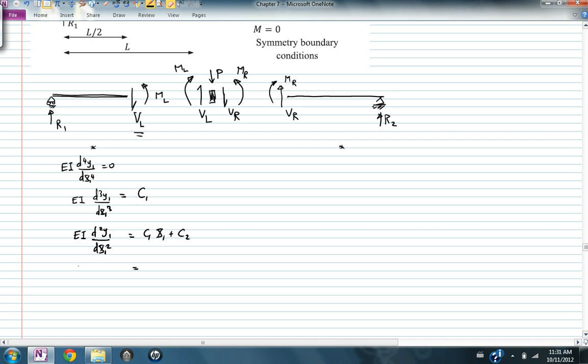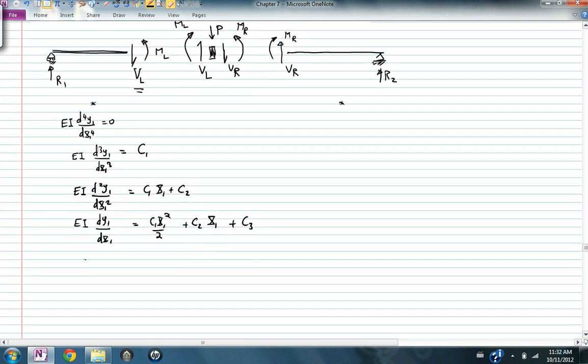So I'm integrating, and finally EI y1 is equal to C1 x1 cubed over 6 plus C2 x1 squared over 2 plus C3 x1 plus C4.